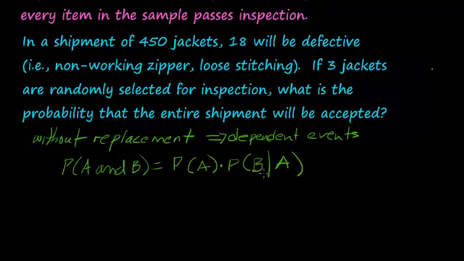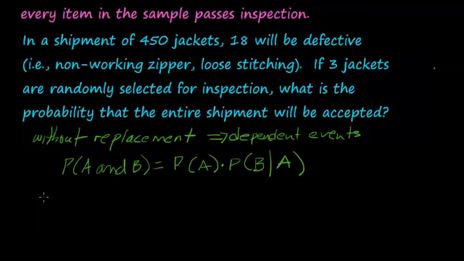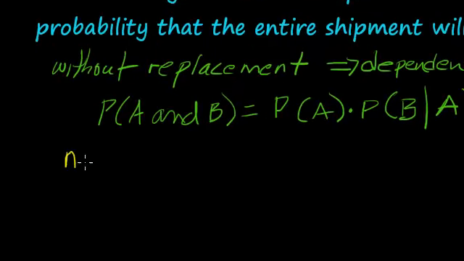But recall we learned that there are times when it's acceptable to treat dependent events as independent events, but our situation has to meet a certain criteria. So let's look at the numbers that we have here. We know that we're going to select a sample of 3, and our population size is 450.